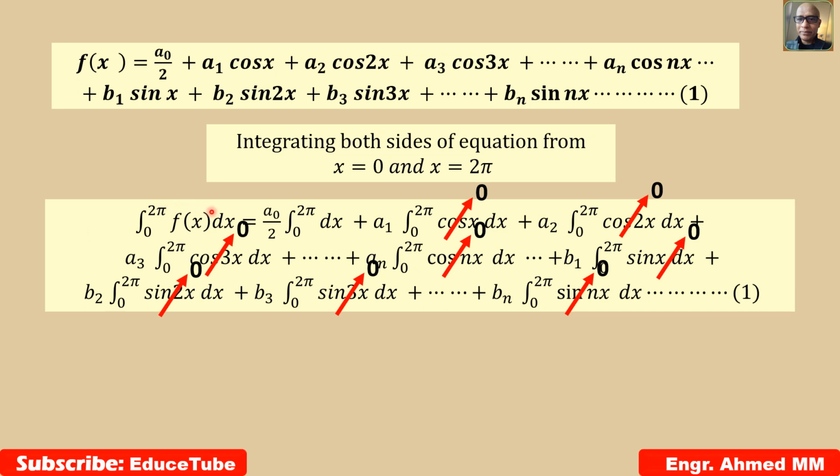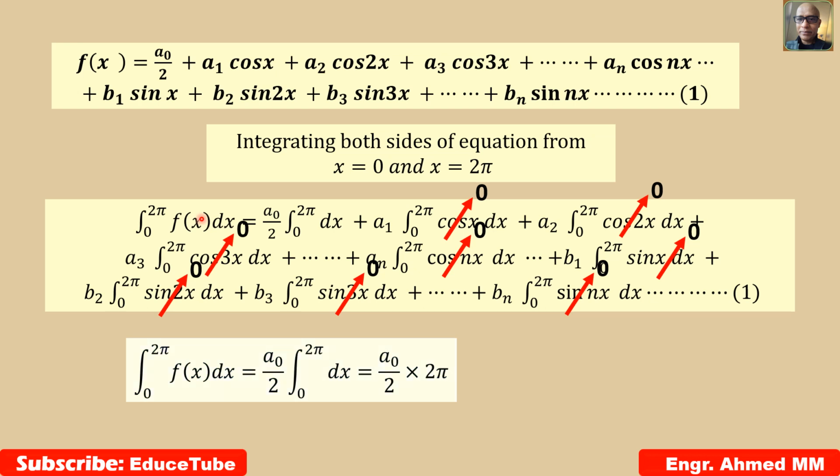So look at what is remaining, this one and this one. These two are the remaining, the right hand side and the left hand side. So let's take out these two. This equals this.